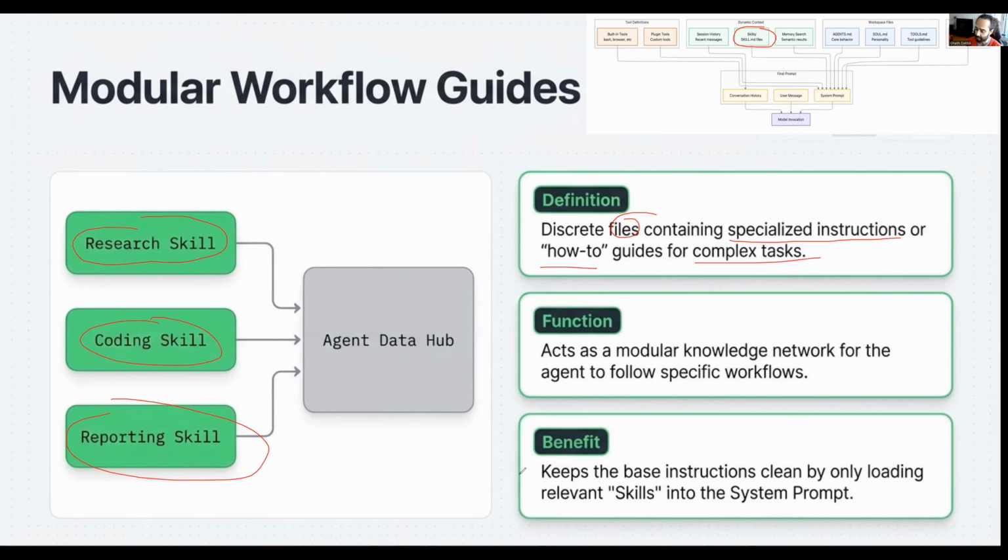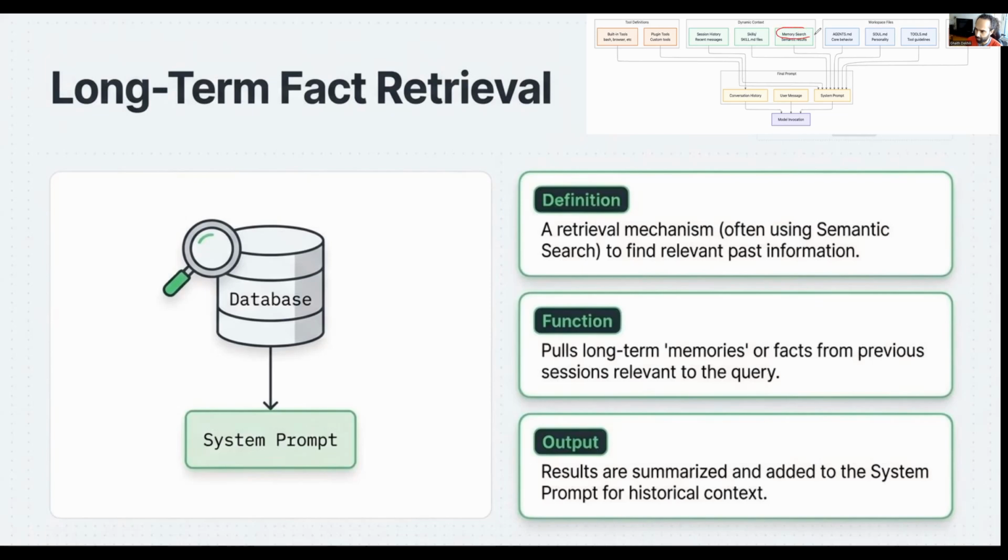And this is very useful because it permits the agent to load only the relevant skills for a specific task. So you have less risk of reaching the context limit, and you will not have irrelevant information related to your current task. Also, you separate them completely from the basic instructions that will always be given to the agent, whatever the task at hand is. The next block is the memory search.